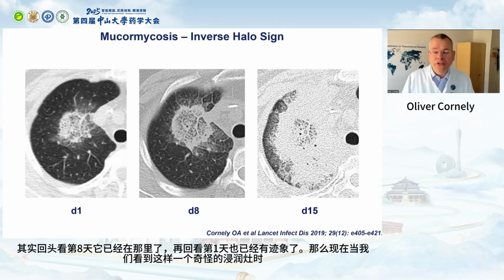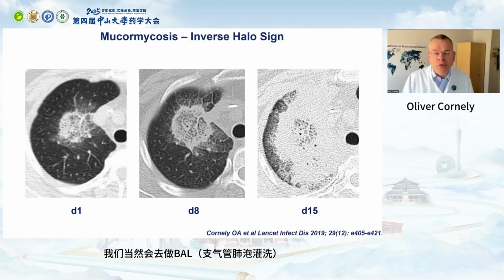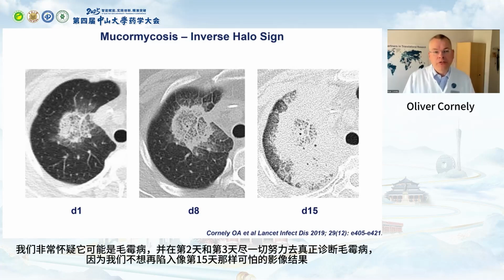Now when we see such a funny infiltrate, we go for BAL, of course, and we are really suspicious that it might be mucormycosis, and do everything on day 2 and 3 to really diagnose mucor, because we don't want to run into such day 15 imaging, which is terrible.